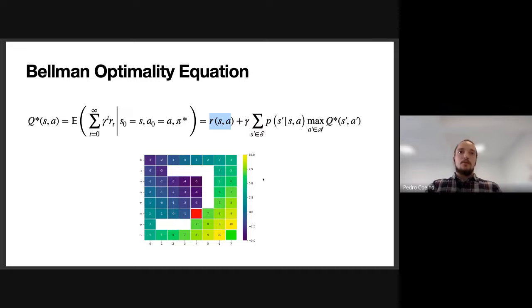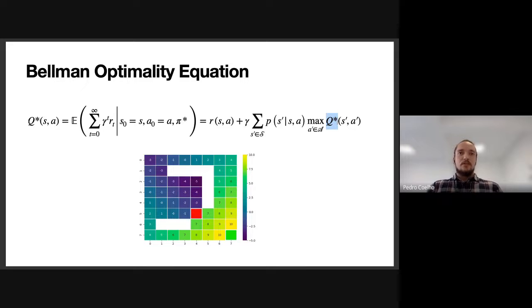And this is true everywhere in this game. And this is actually true for any game that you can think of, or any Markov decision process that you imagine, assuming that this is true for the optimal policy, or the optimal Q function.